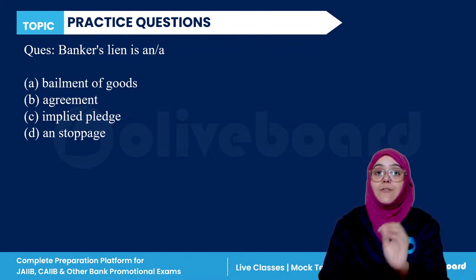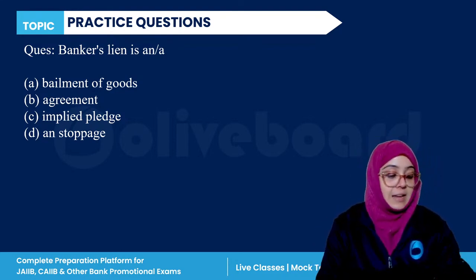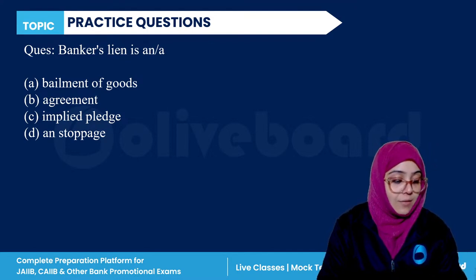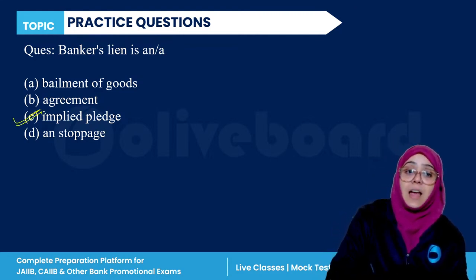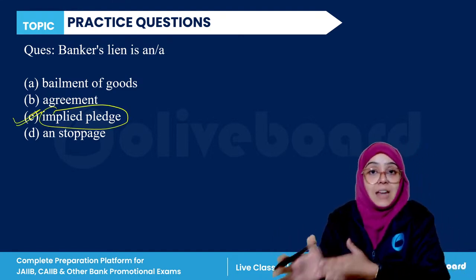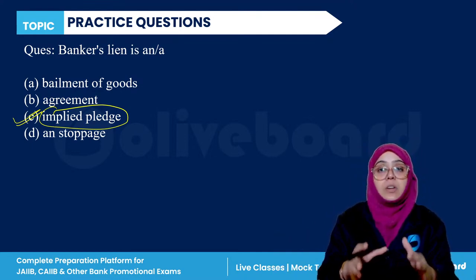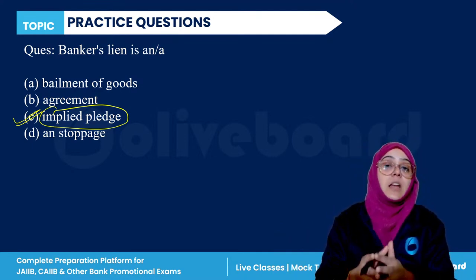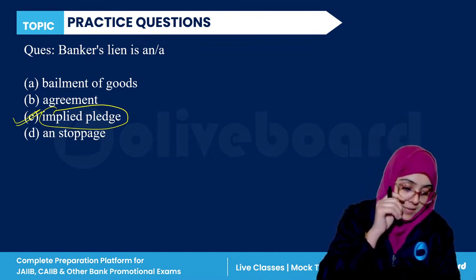Banker's lien is an implied pledge, which means you don't have to necessarily express it explicitly. It is already understood that the bank has the right to retain the possession of the goods until the debt of the debtor is fully paid. So C is the correct answer, implied pledge.